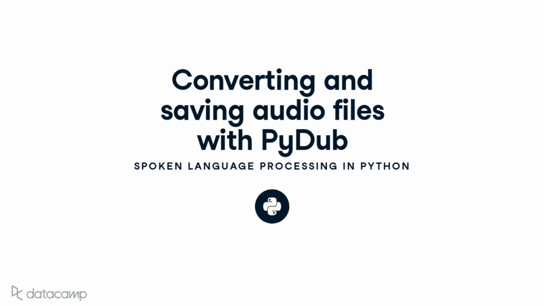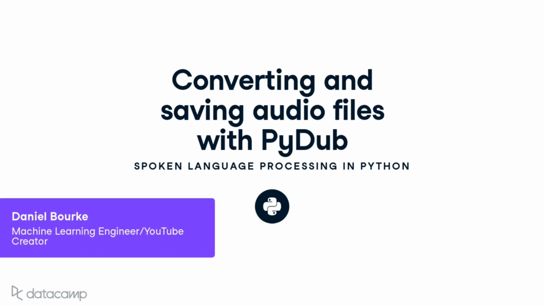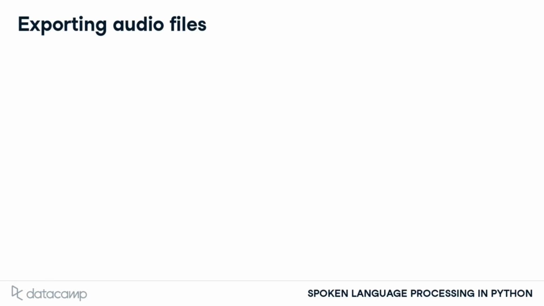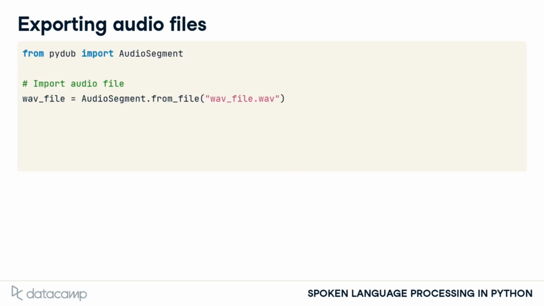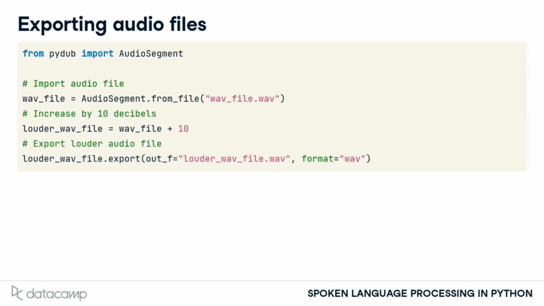Now you've seen how feature-rich Pydub is for manipulating audio, and you've made some changes to your files, how do you get access to your altered audio files? As you might have guessed, Pydub has a built-in method for exporting audio segments. Let's see an example. We'll first import our WAV file as usual, then we'll increase its volume by 10 decibels, and then we'll export the louder audio segment by calling the export function on it and passing it an output file path name as well as the format we'd like it to be in.